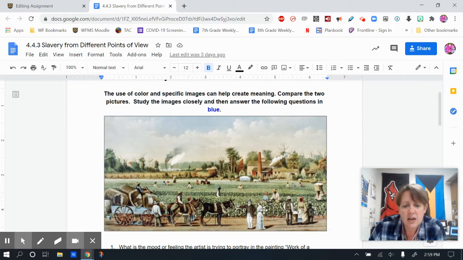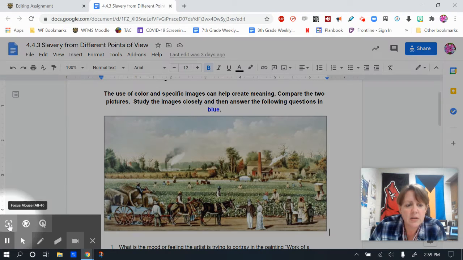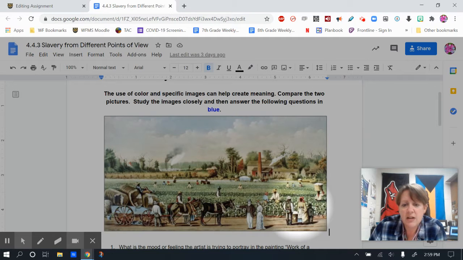Then I see a couple of groups of people. This looks like maybe a family to me. So we have a family here, and then we have a group of two people here, and I think these are different people.